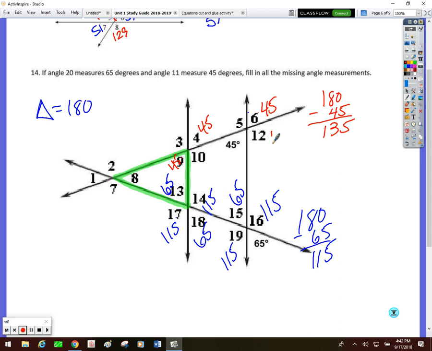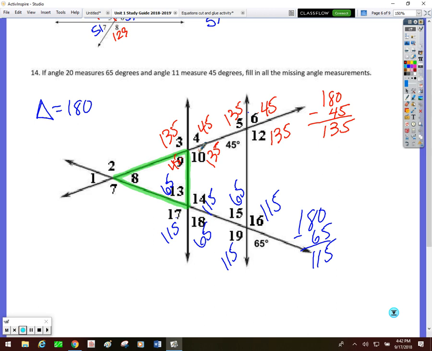That's 135 degrees. And now every one of these obtuse angles up through here, because 5 and 12 are vertical, 10 and 5 are alternate interior, or they're corresponding here. So they are congruent, which means they measure the same. And then finally, angle 3 is 135, right?